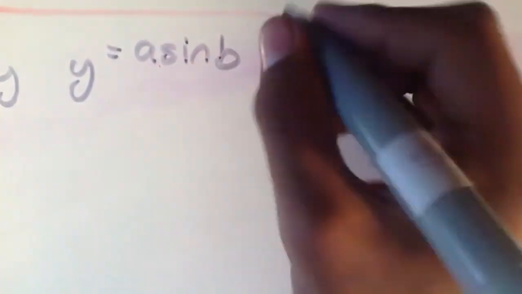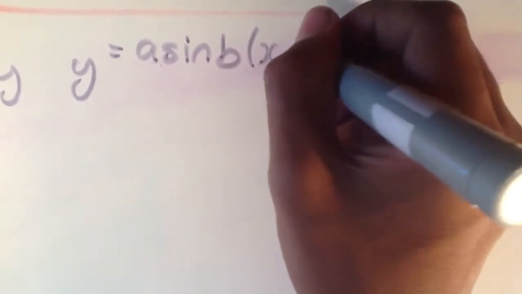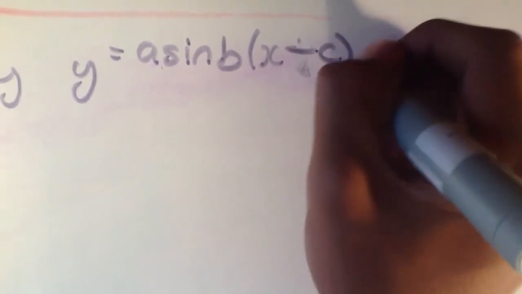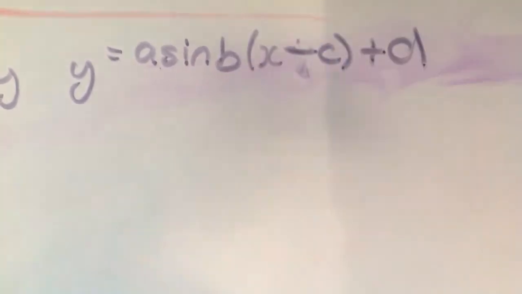The general sine function is y equals a sine b times x minus c, plus d.